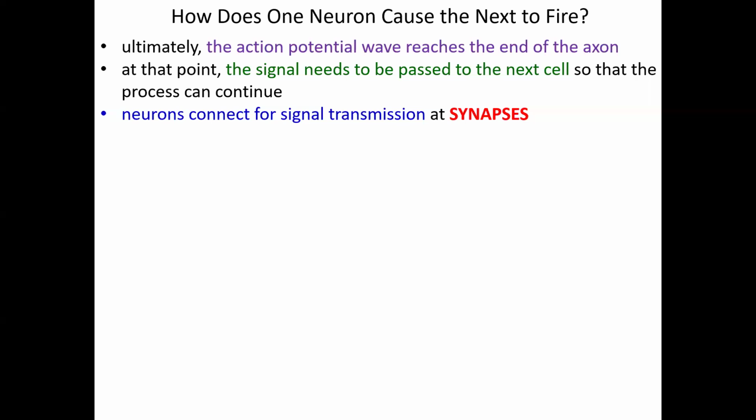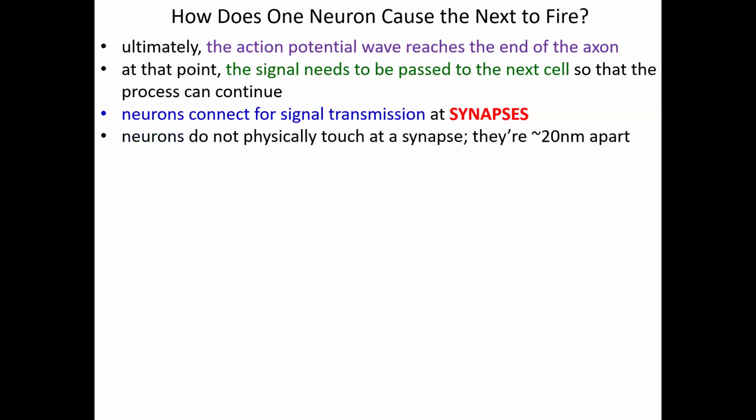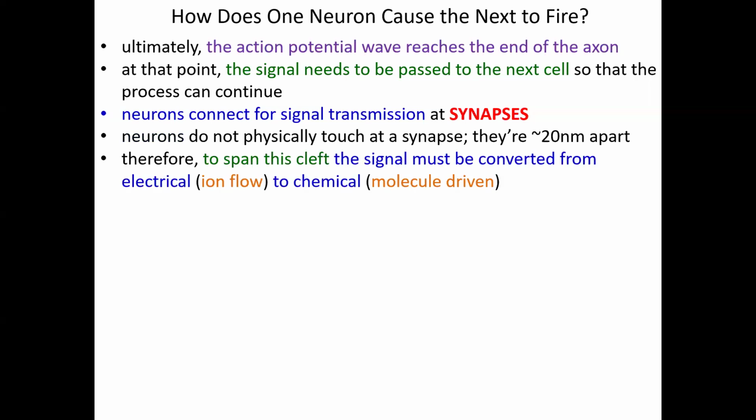Neurons connect to one another and transmit information between each other at structures called synapses. Now, at a synapse, interestingly, neurons don't ever physically touch each other. There is intracellular space between neurons, about 20 nanometers of a gap from neuron to neuron.